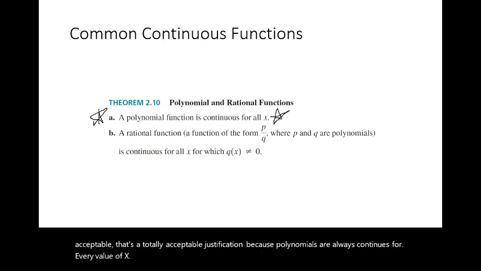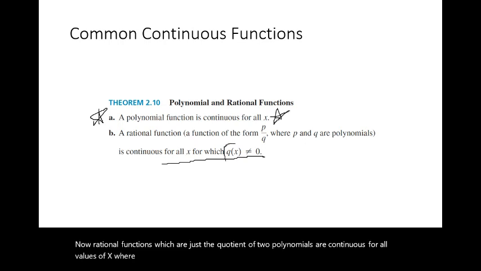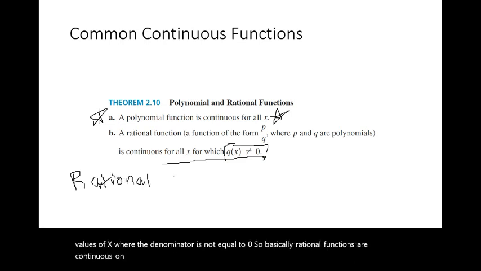Now, rational functions, which are just the quotient of two polynomials, are continuous for all values of x where the denominator is not equal to 0. So basically, rational functions are continuous on their domains.